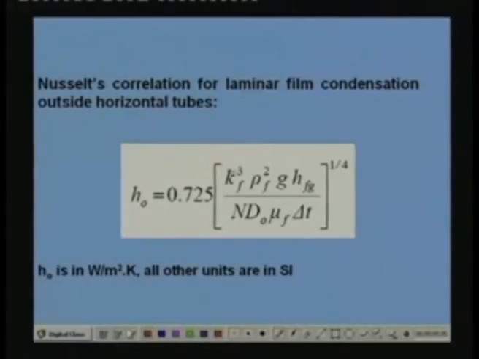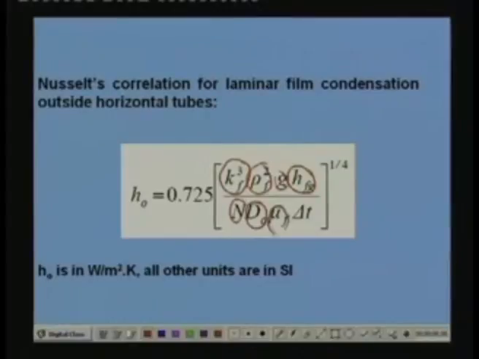Here, as you know, this is the thermal conductivity of the saturated refrigerant. This is the density of the saturated refrigerant at condenser temperature, and this is the acceleration due to gravity. This is the latent heat of vaporization at that temperature and pressure. N is the total number of tubes in a row, and D naught is the outer diameter of the tube on which condensation is taking place.